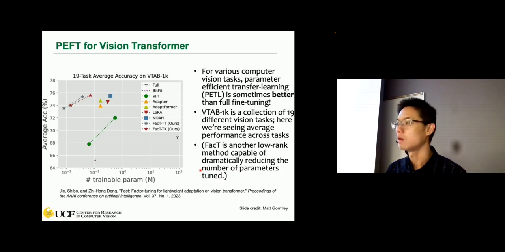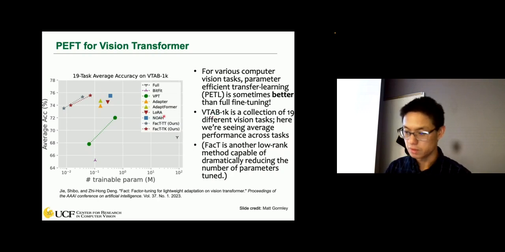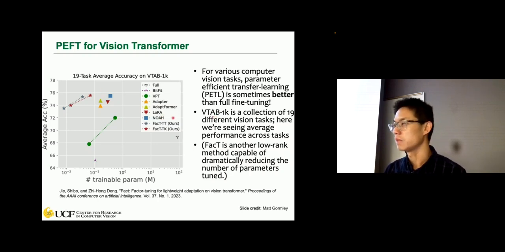They did an extensive experiment on the VTAB-1K dataset. VTAB-1K is basically a collection of 19 different vision tasks, including different classification tasks. Using this dataset gives us a very comprehensive evaluation of different methods, because if you only apply it to one particular task, that may not give you a concrete conclusion.